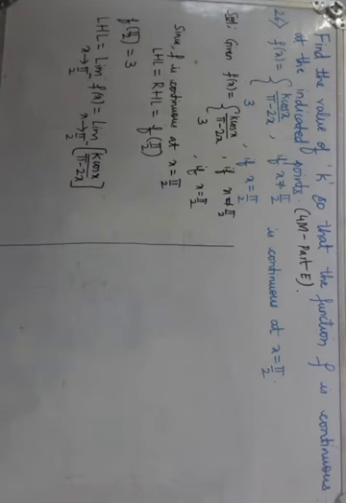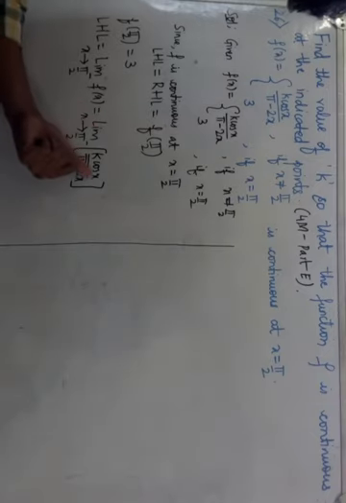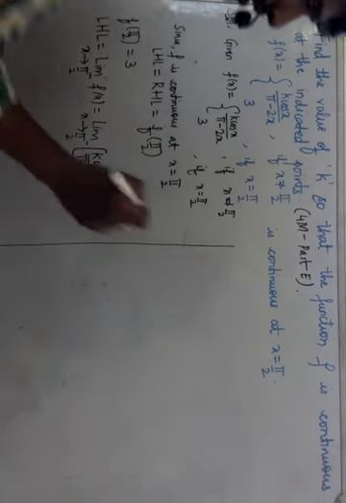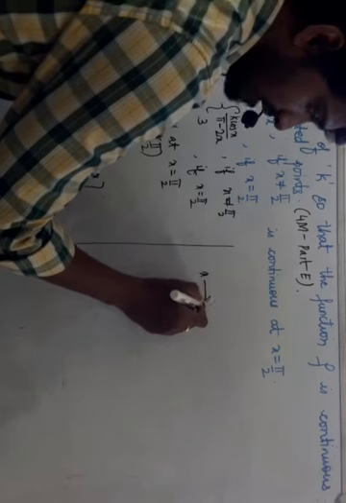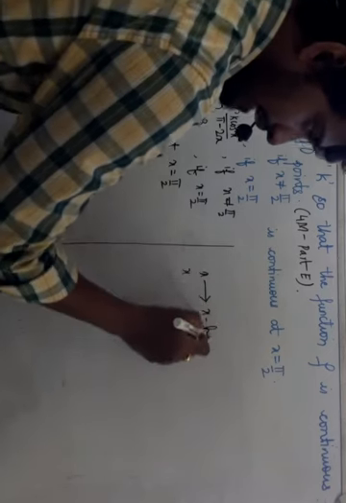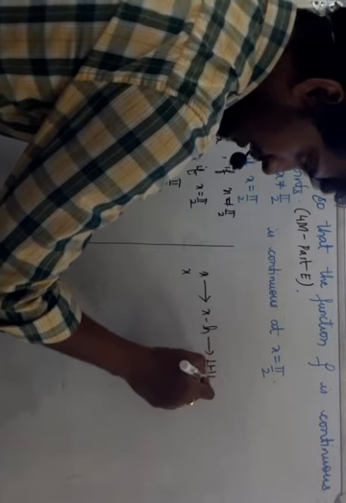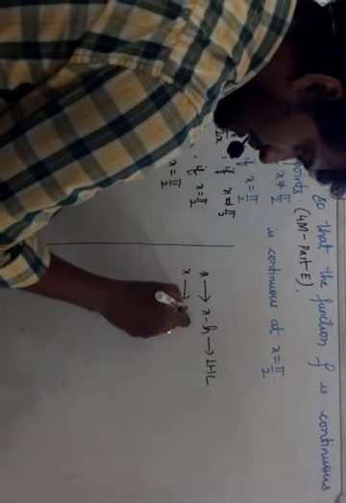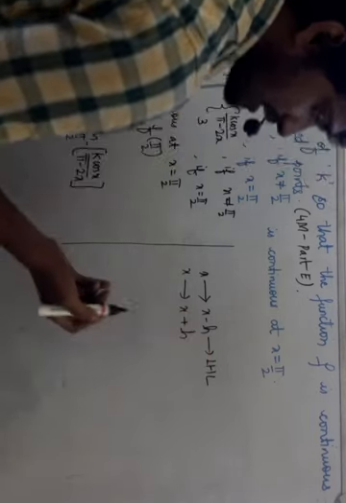So for calculating this limit, normally for LHL, x is replaced by x minus h, and when calculating RHL, x is replaced by x plus h.